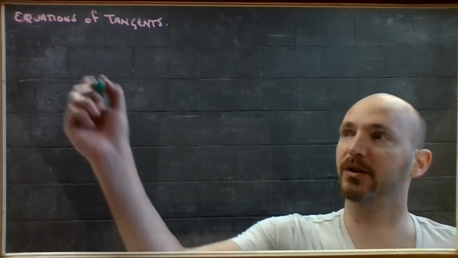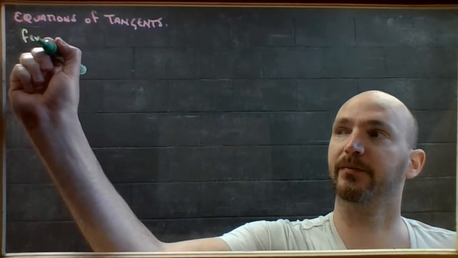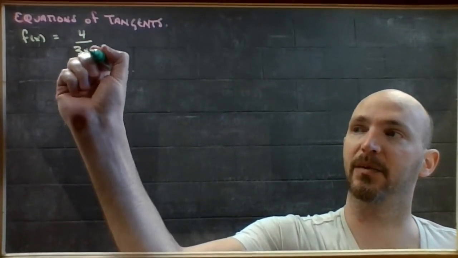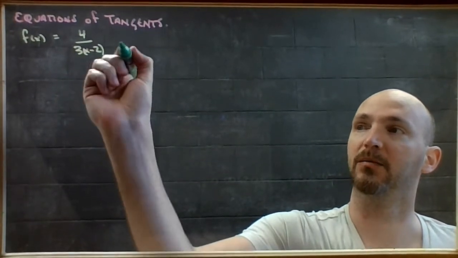So the first one we're going to do is the function f of x is 4 over 3x minus 2 plus 5.